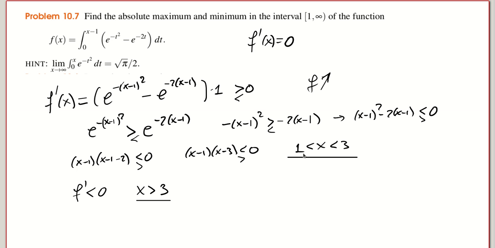Smaller than 1, we don't care about that, because for x smaller than 1, we are outside the interval of interest here. Okay, so the function is decreasing beyond 3. So now we know that at the point x equal to 3, the function increases then decreases. So there is a local maximum. This is a local maximum.